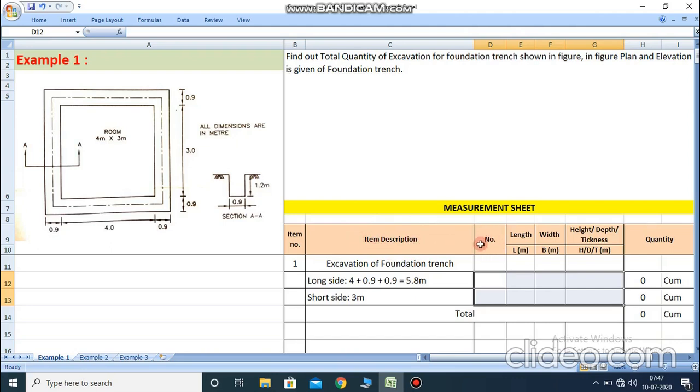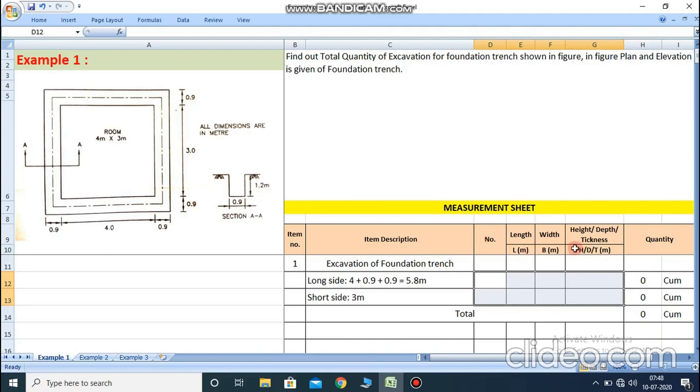Third one is the number. So what is number? If any single item is repeated, we write it as a number. Like if a 10 meter length wall is repeated 2 times, we write here number as 2. Now L is the length, and we write length in meters.